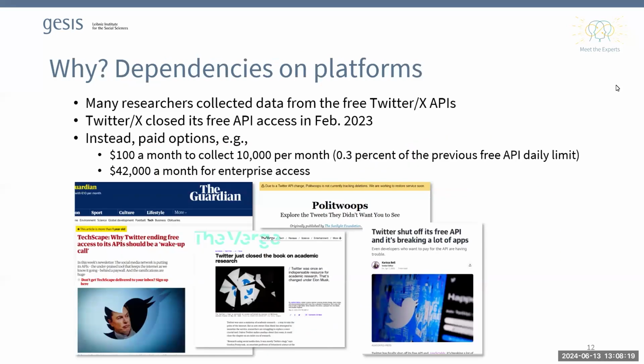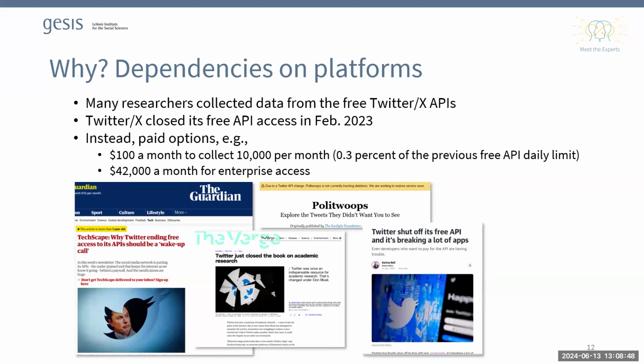The first reason is the dependency on the platforms. So with this retrospective data collection, you're very much dependent on the access to these APIs, right? And a very prominent example is that Twitter, nowadays X, closed their free API access early last year. And that means a lot of researchers could not do this retrospective data collection anymore.